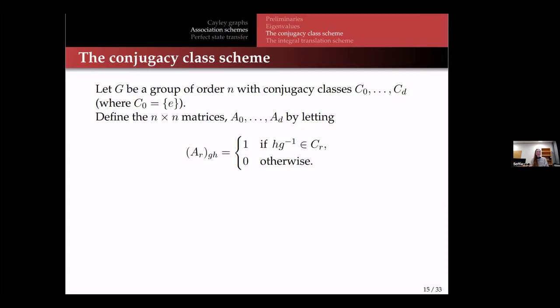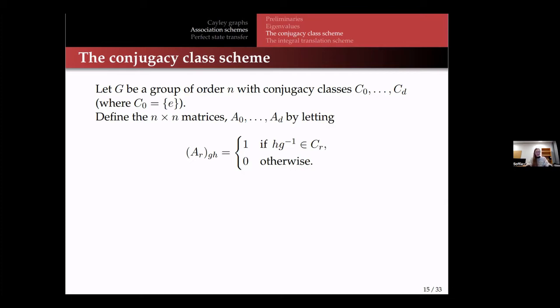And you might already see that AR is going to be the adjacency matrix of the Cayley graph for G that has CR as its connection set.